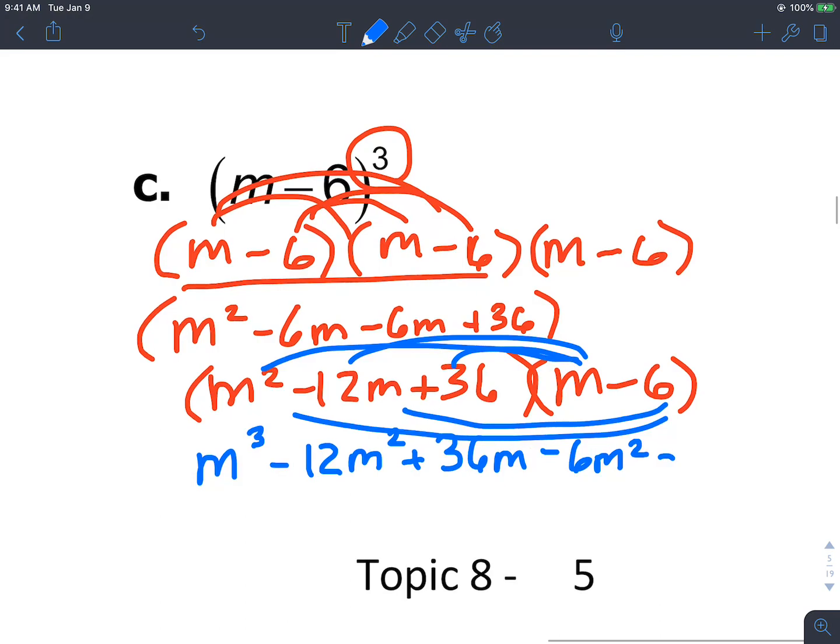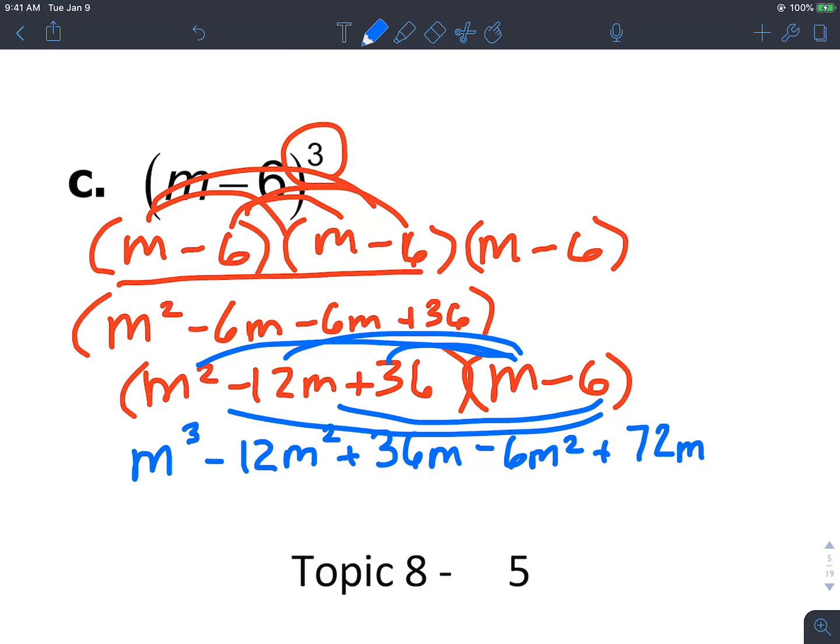Negative 6 times negative 12n, let's try that again, is 72n. And that'd be positive 72 since you've got a negative times a negative. And that right there, I think that's negative 216, on the 36 times negative 6.